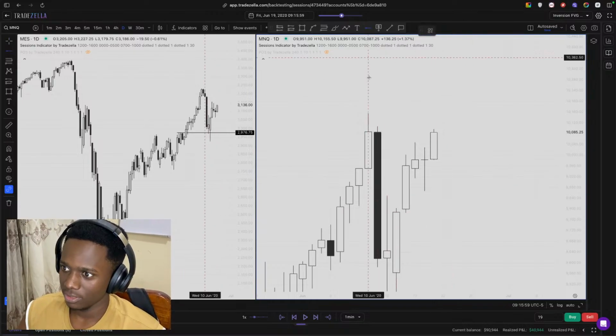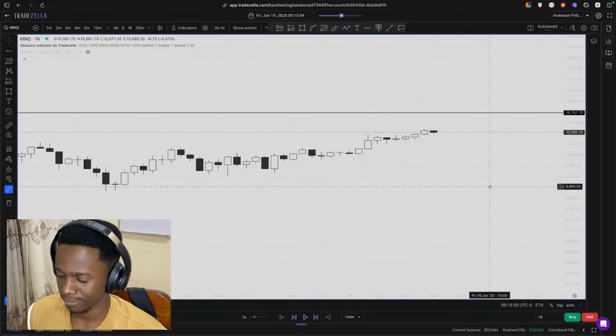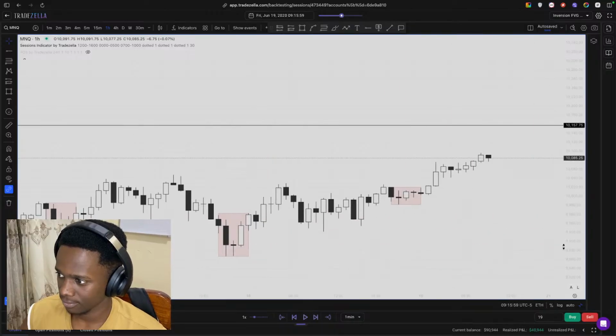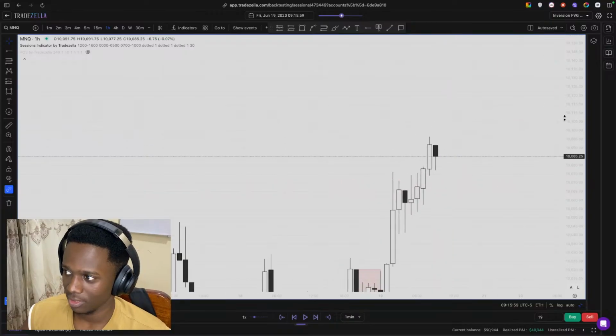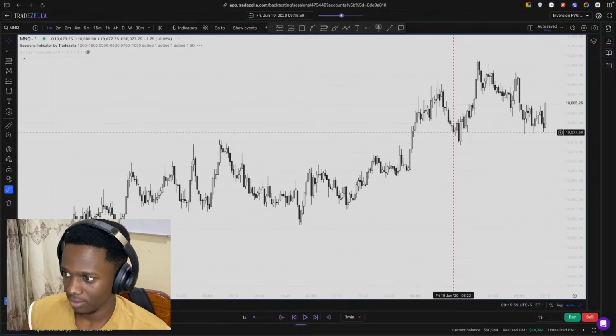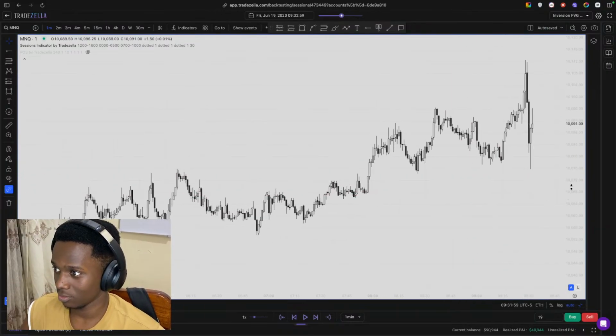Now I would like to see these highs here get hit. We don't have any close POIs, and the only target there is the all-time high. So we'll see if price hits the all-time high today, or if we don't take any trades at all today.